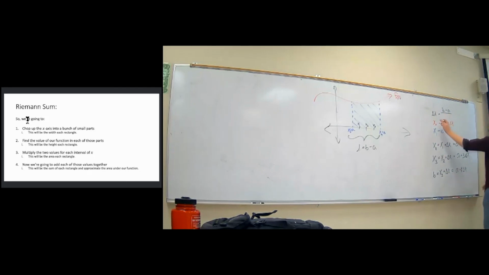The rule for finding delta x is b minus a divided by n, and the rule for finding each one of these is a plus whichever x value we're at, right?